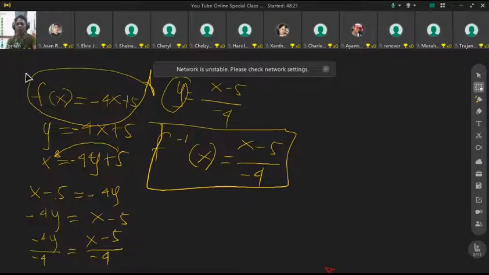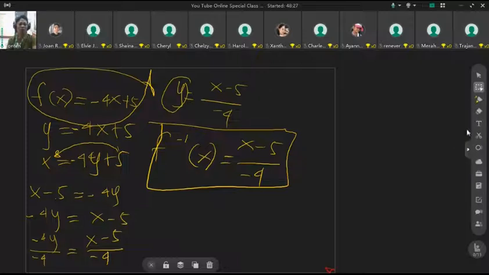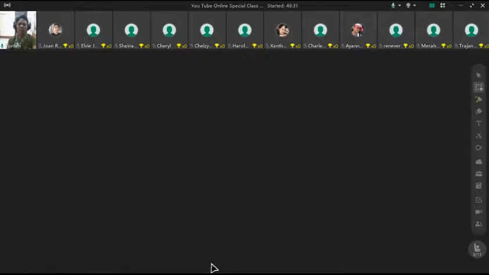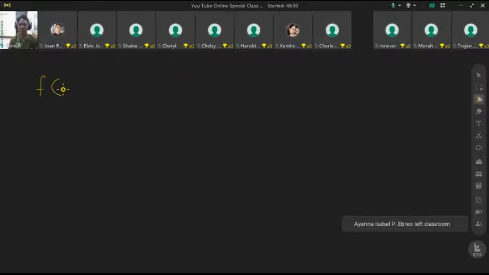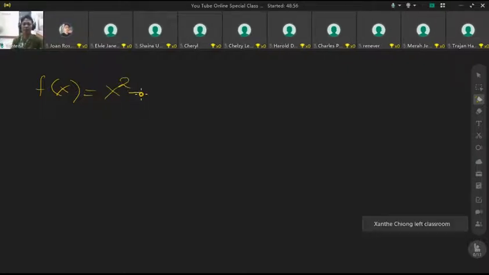Now, we will try to graph a function which is not one-to-one. What is a one-to-one function? Your x must have only one value of y. If we have f of x equal to x squared minus 4, this is no longer a line, and it is no longer one-to-one.